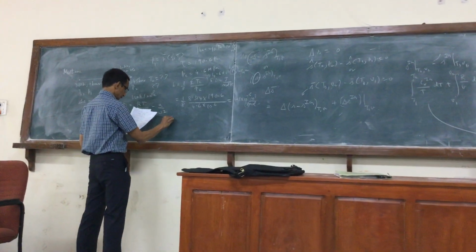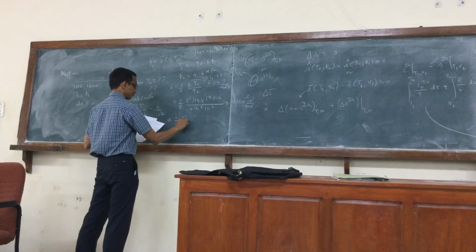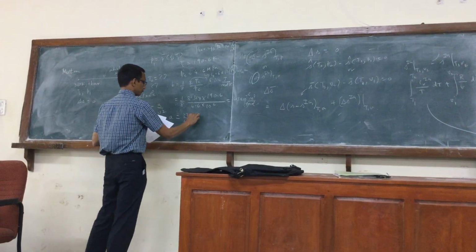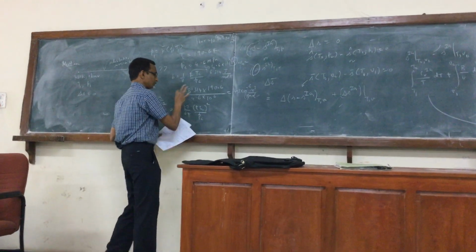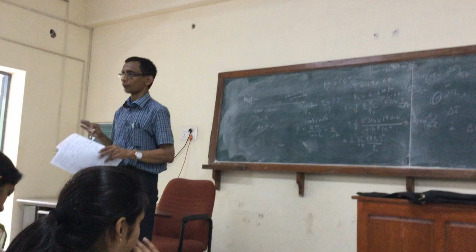Now, what about A? A is 27 by 64 R squared TC squared by PC. So once we have figured out the problem with the units, then this is also the same.